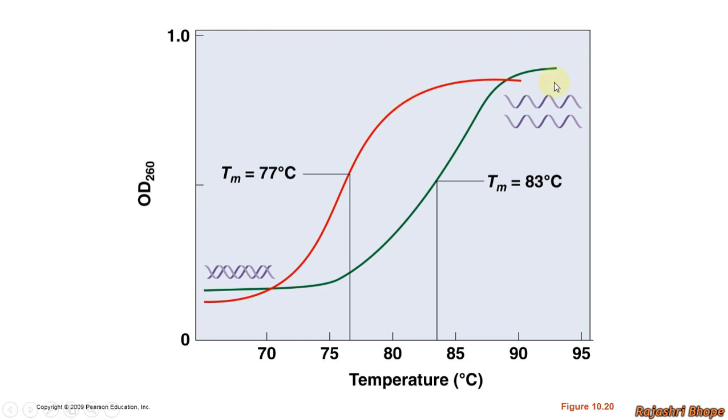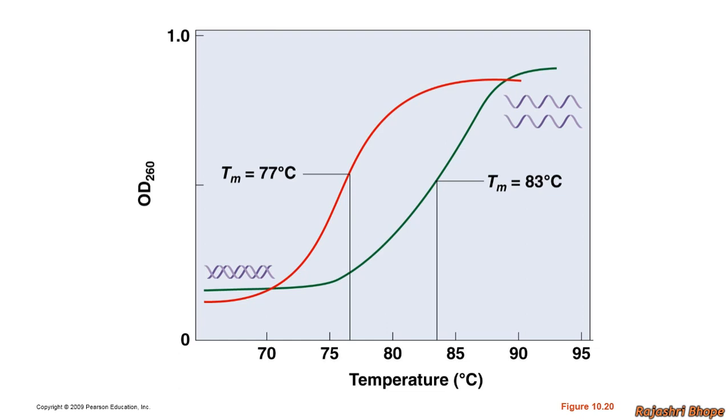If you take absorption at this stage, you will find higher absorbance. Here it is almost 0.1, and now it is almost 0.75 or 0.8. So this absorption increases, therefore this is known as the hyperchromic effect.